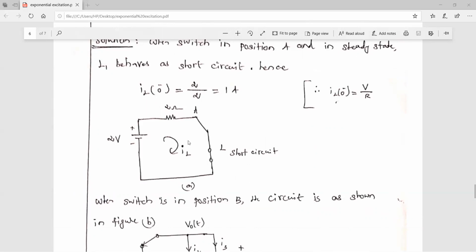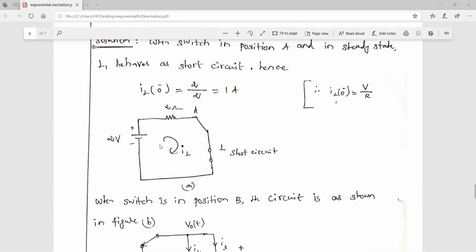The steady state current is flowing, so the inductor becomes a short circuit. Steady state means the maximum current is flowing in the load, and at that condition the inductor acts as a short circuit.